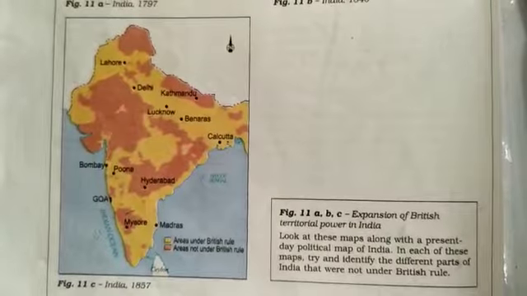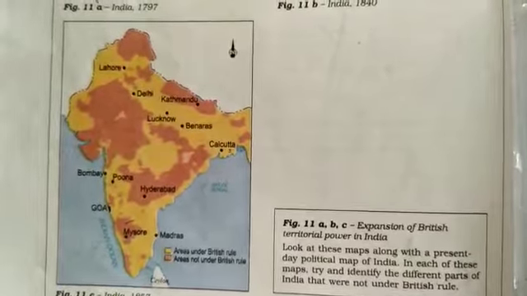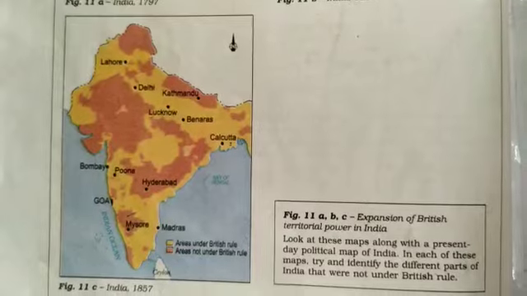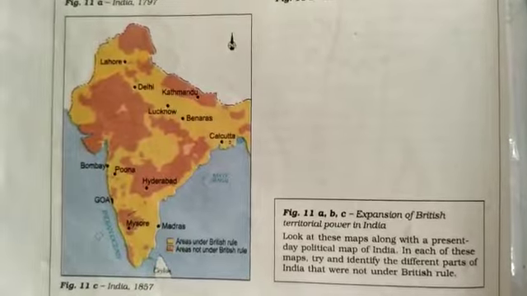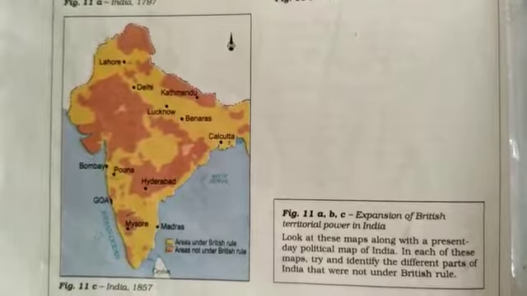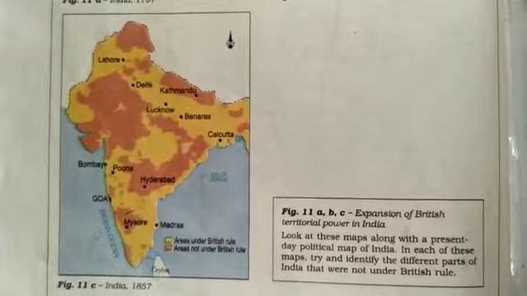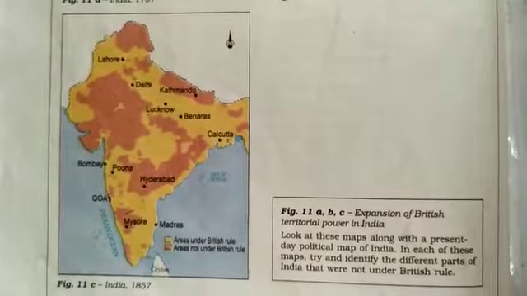And you can see here that in 1857 they have taken control of such a vast territory of India, as it is shown in yellow color. Almost, you can see, from north to south and from west to east, all important areas, the major part of Indian territory was totally directly under the control of British rule.